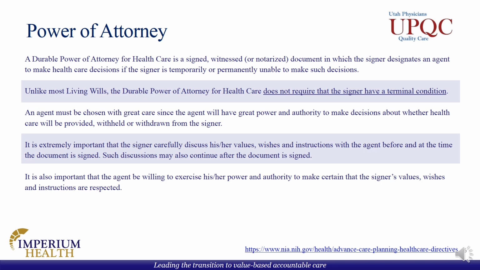Slightly different but similar is going to be the power of attorney. So that durable medical power of attorney or durable power of attorney for healthcare is identifying who should be making the decisions on your behalf, or on the patient's behalf, should they happen to reach a terminal condition. Now, you don't necessarily have to reach a terminal condition to have a durable power of healthcare attorney appointed.